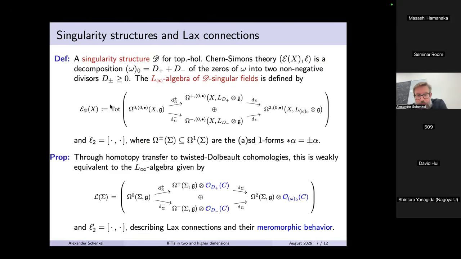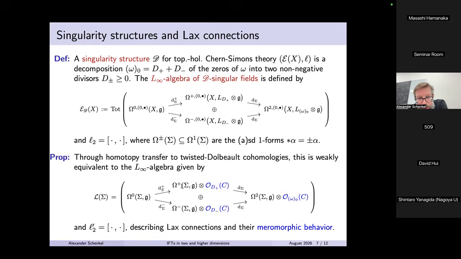So what you see now is that after twisting this topological holomorphic Chern-Simons theory with a singularity structure, with divisors coming from a singularity structure, you get a weakly equivalent description which looks exactly like the thing you want to have for a Lax connection.